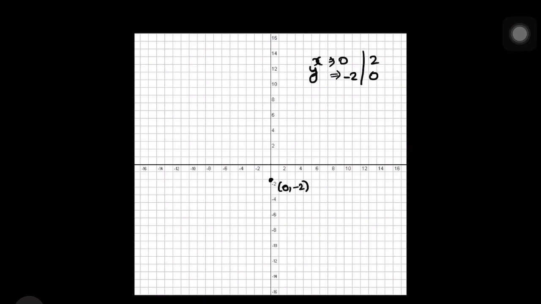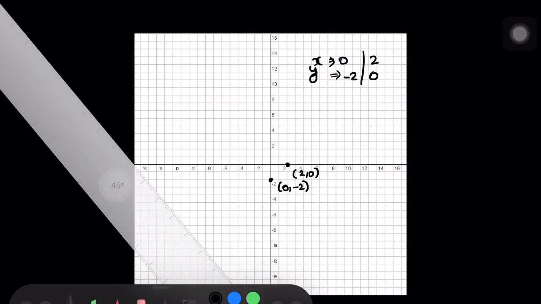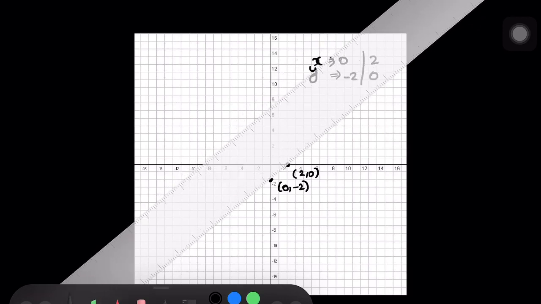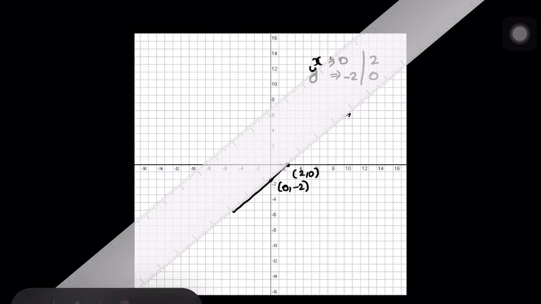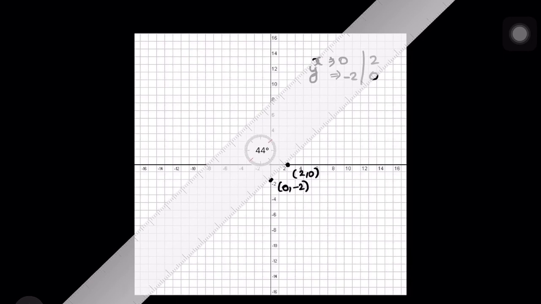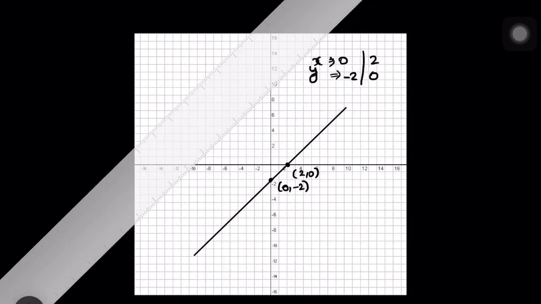Next one, x is 2 and y is equal to 0, this point. So this line is x minus y is equal to 2.